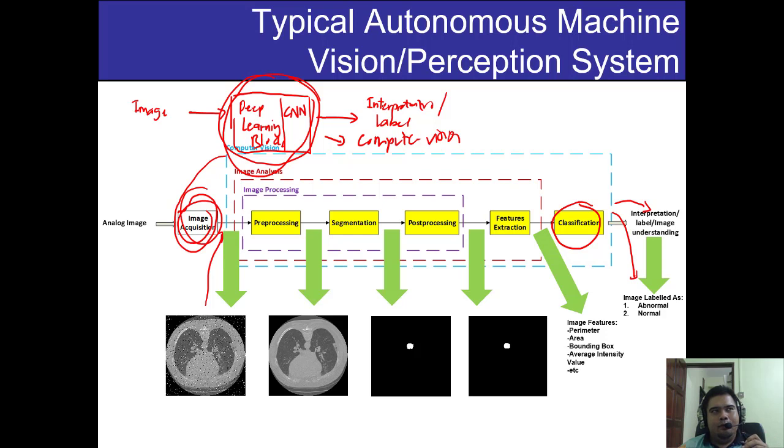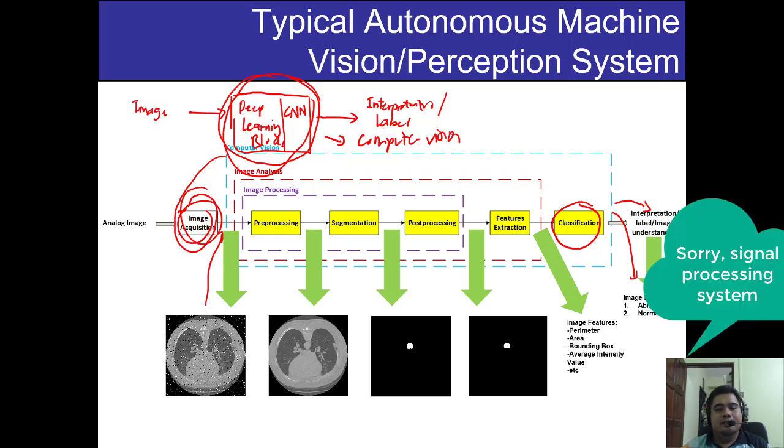What I would like to highlight here is that computer vision and AI are not so far, they are integrated together. If you apply deep learning where the input is an image, then it becomes computer vision. Unless you apply deep learning where the input is a one dimensional signal such as ECG or EEG, then it becomes something like a signal processing system.